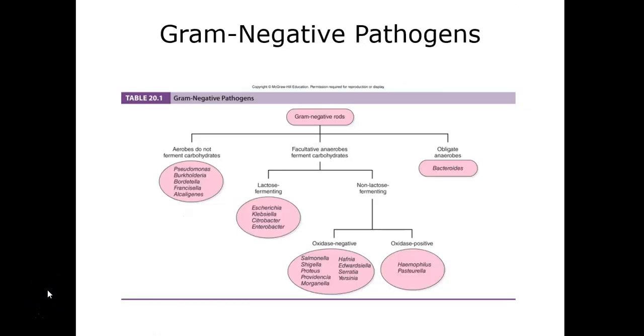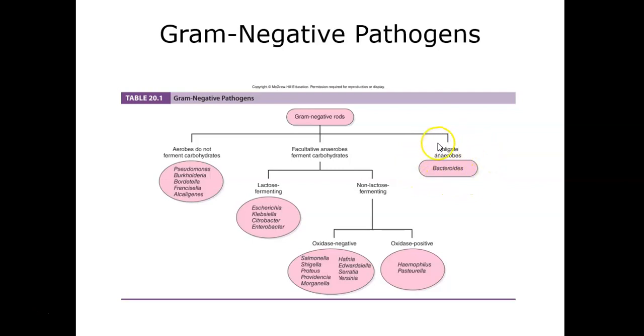So, Table 20.1 in your book breaks down the organization of this chapter. Again, everything that we're going to talk about falls into the gram-negative rod category. So they are going to stain pink when we perform that differential gram stain on the cells. And then we can break these into 3 additional subcategories.